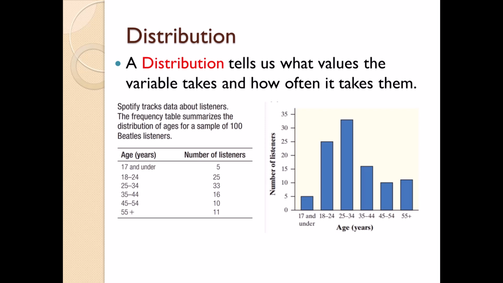This is about Spotify data, and they're looking at a sample of 100 by age, for Beatles listeners, and they kind of came up with these arbitrary ages, but you're either in this category or this one or this one or this one, so it's categorical, and these are the counts for them. So here it is. This is a distribution for this categorical data.